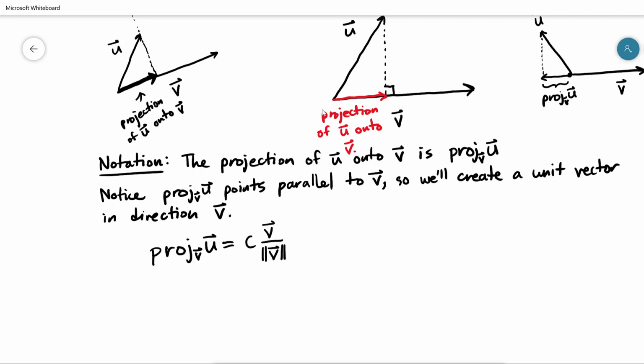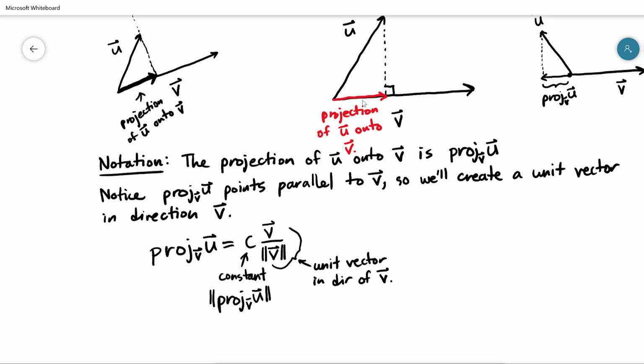This is just some constant, and that constant is equal to whatever the magnitude of this vector is that we're searching for, the magnitude of the projection of u onto v. And this piece over here is a unit vector in the direction of v. So that's what we're going for.